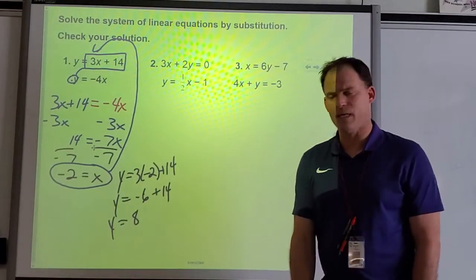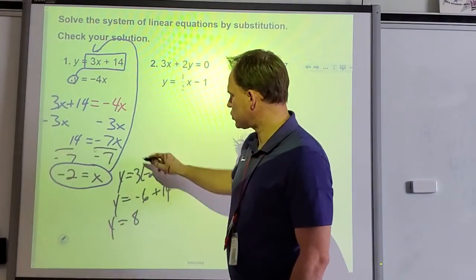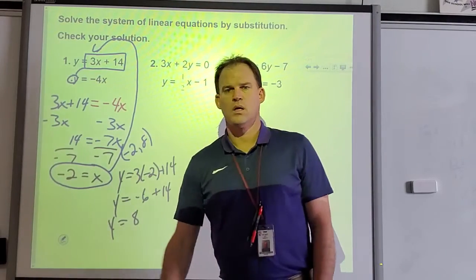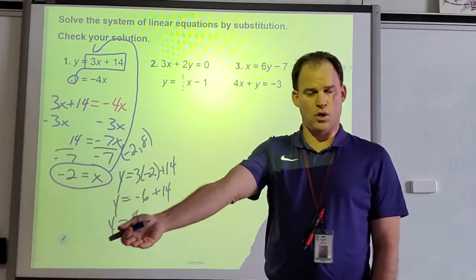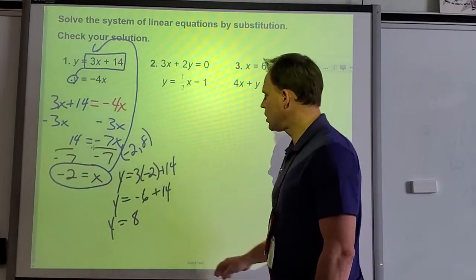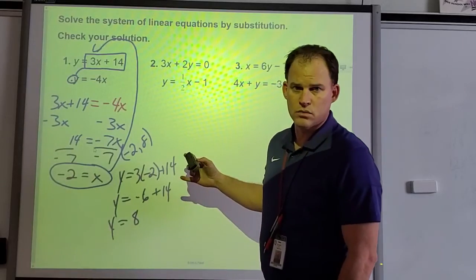Y comes out to be 8. So your final answer is always the coordinate x comma y. It's always in that order. Don't get them reversed. All right, any questions?